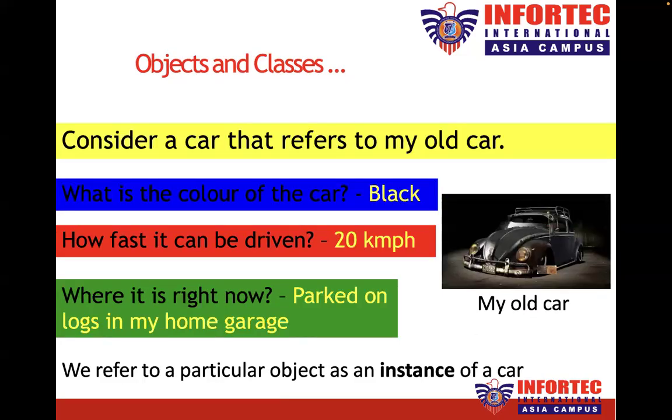So let's say consider a car that refers to my old car. So what is the color of the car? It is black because it specifically addresses one item in the class. How fast can it be driven? 20 kilometers per hour. Where is it right now? Parked in my home garage. So this talks about one instance of a car.